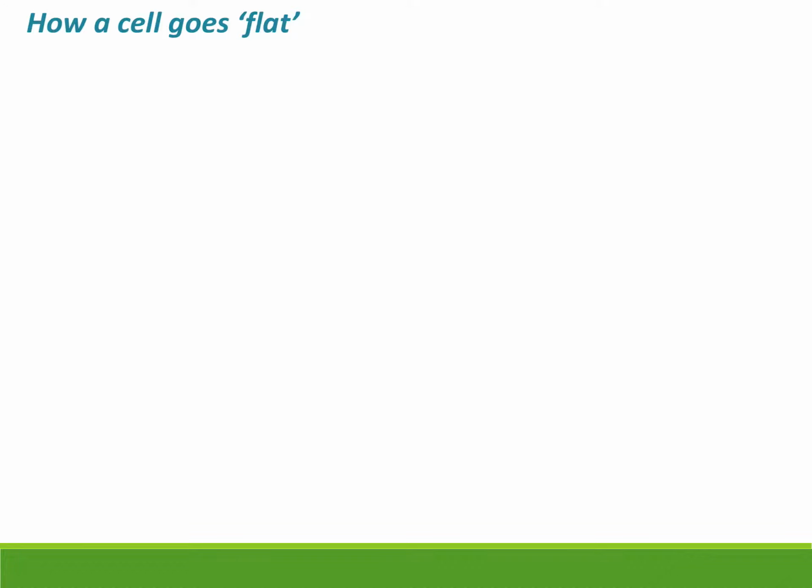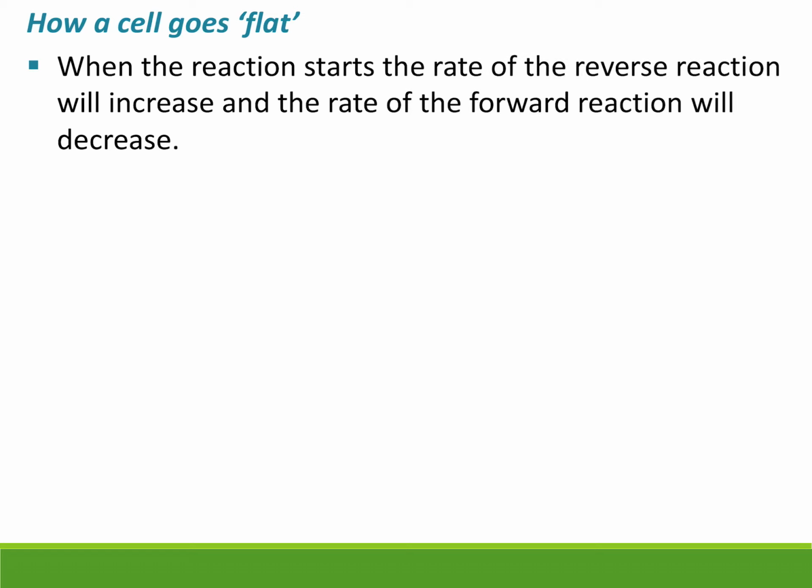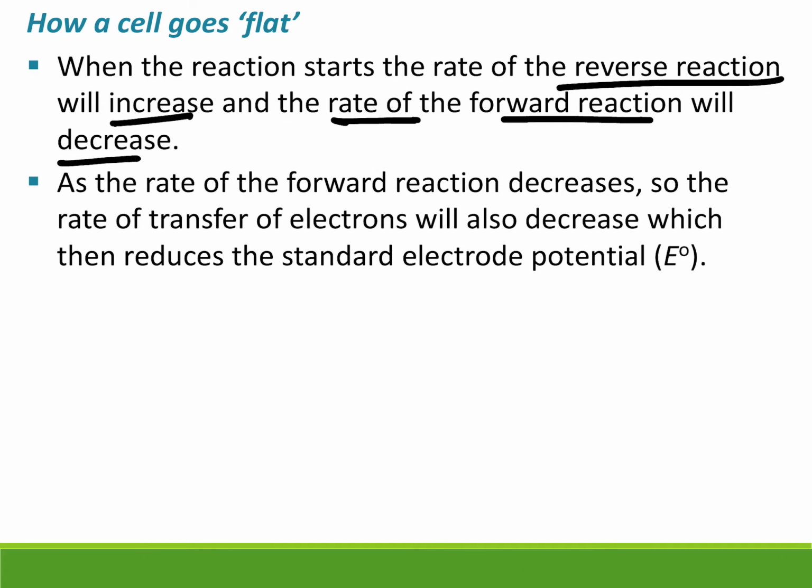Now, how does a cell go flat? It's not because the chemicals get used up. When the reaction starts, the forward reaction rate is very, very fast. You know this from rates of reaction in equilibrium. So the forward reaction rate has to start to decrease and the reverse reaction rate will increase because it needs to try to get to an equilibrium.